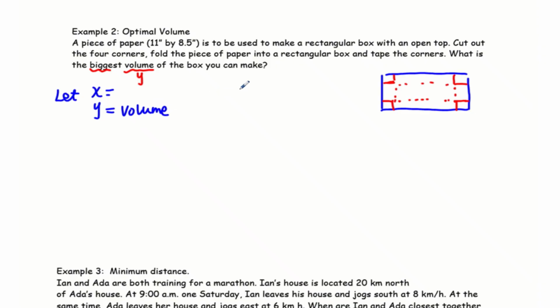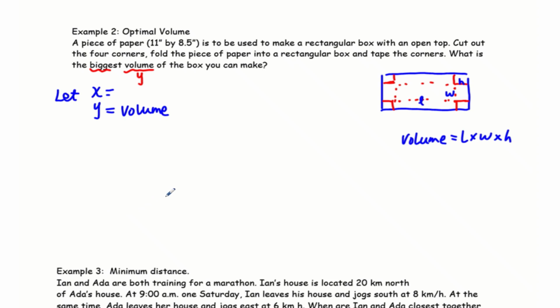And this time it is a rectangular box. So the volume formula we know is length times width times height. This is our length, this is our width, and this part, the corner, is our height. We fold it up, so this is our height.